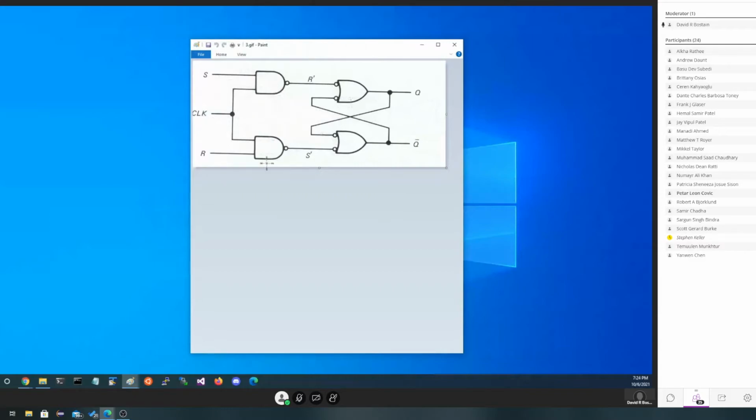I want to set up a whole bunch of inputs to be some value, but I don't want to pass them through to the set reset latch until a certain point in time. At that point in time, I'm going to raise the clock. Now, while the clock is high, I have to make sure I don't change the set and reset because they would pass right through. This type of clock is called a level clock.